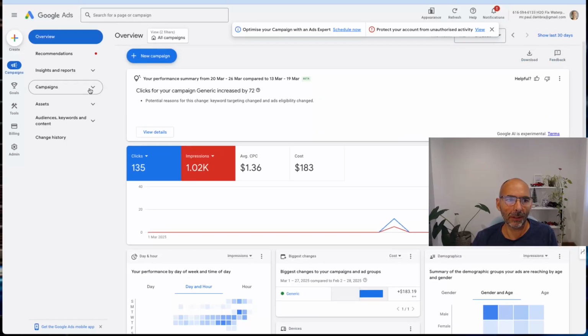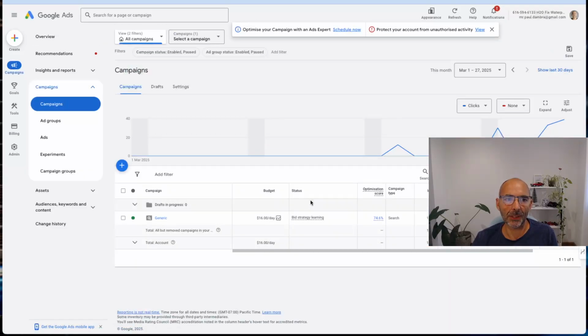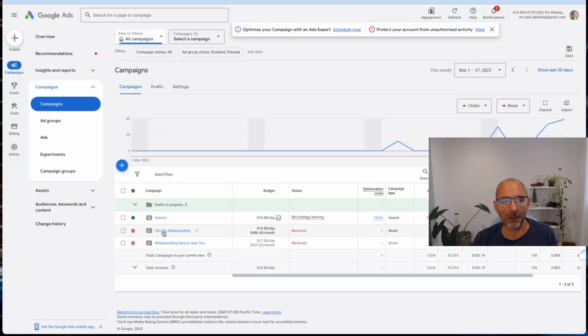And the campaign that was here before, which I think we've already removed, was some automatic campaigns that were either run by the business owner or a contractor or agency they were dealing with. I'm not quite sure. It doesn't really matter. The past is the past.